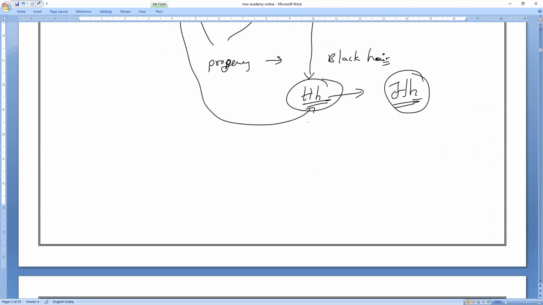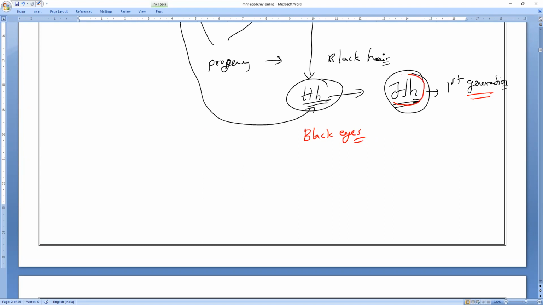Now you can see this is the offspring of the first generation. Now imagine this boy grew up and married a girl who has black eyes. Black eyes, clear everyone?